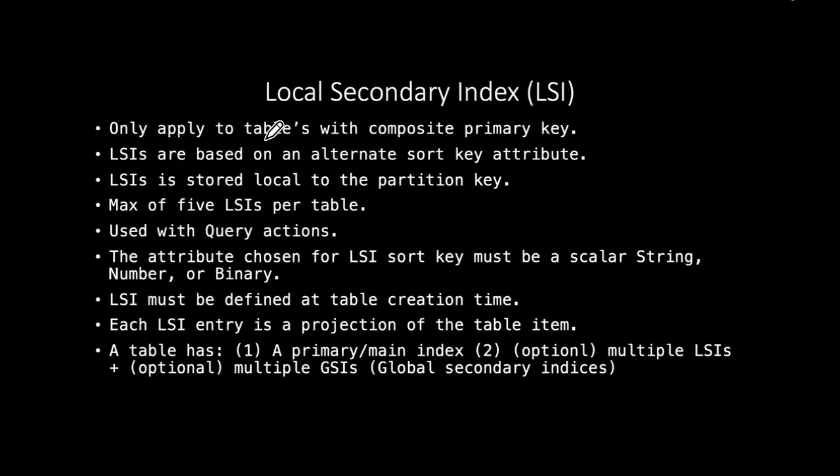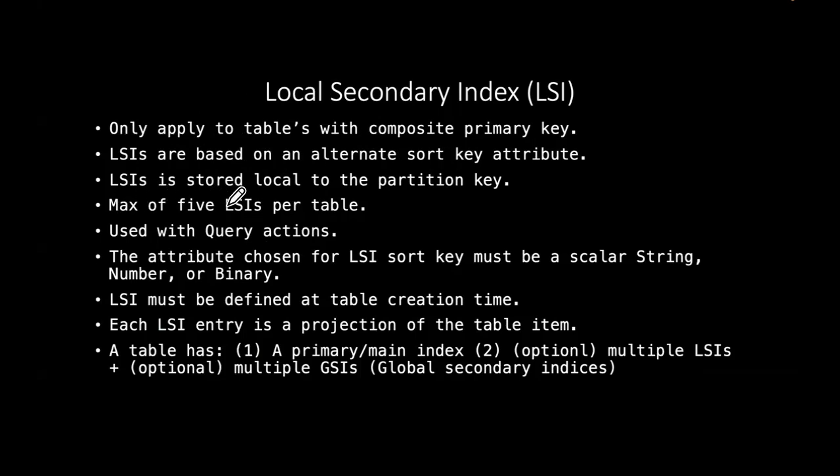The LSI is based on the same partition key, but an alternative choice for the sort key. The LSI is stored within the same partition as the items it relates to. We're back to this partitions thing again. So it is stored locally to the partition key.